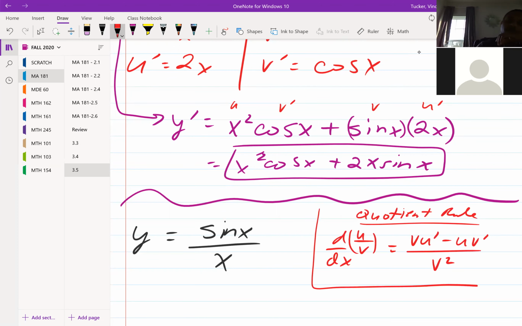All right, so in this one, we have sine x over x, so we have to use the quotient rule. So we have to do v times u prime minus u times v prime over v squared.